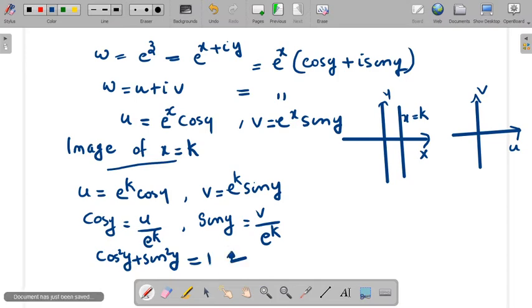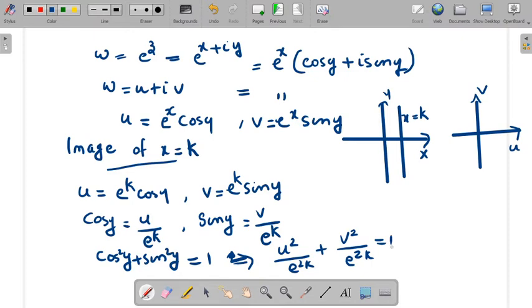So cos square y is u square by e raised to 2k and sin square y is v square by e raised to 2k, which is equal to 1. Taking e raised to 2k to the right side, we get u square plus v square equal to e raised to 2k.